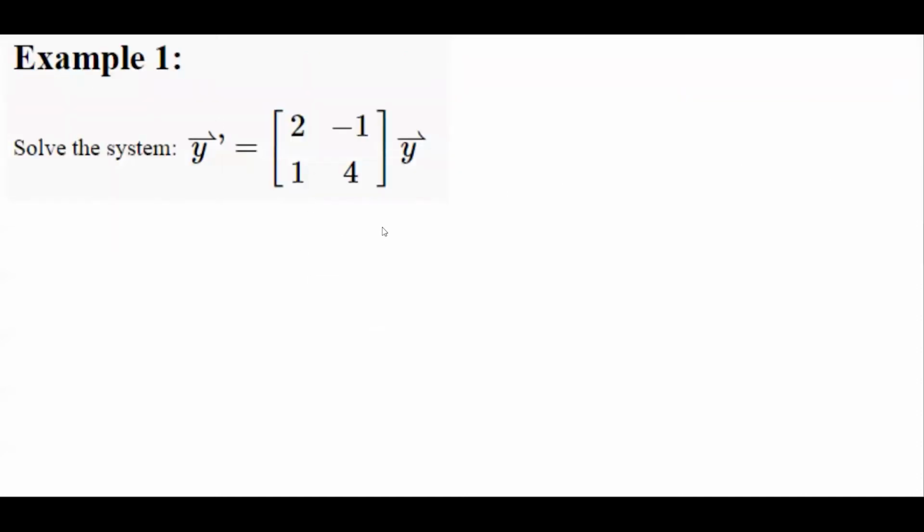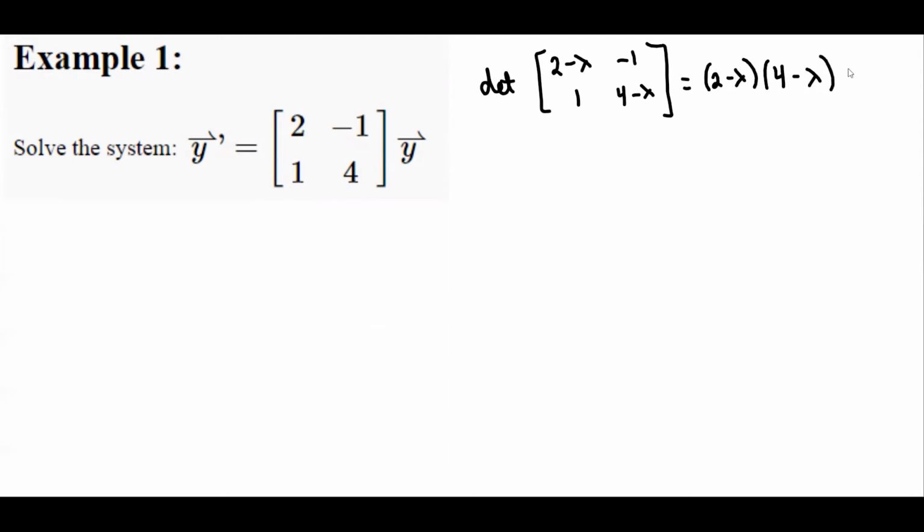We have this system. I need to find the eigenvalues, so let's do this up here. Determinant of 2 minus lambda, 1, negative 1, 4 minus lambda. So that's 2 minus lambda times 4 minus lambda plus 1.